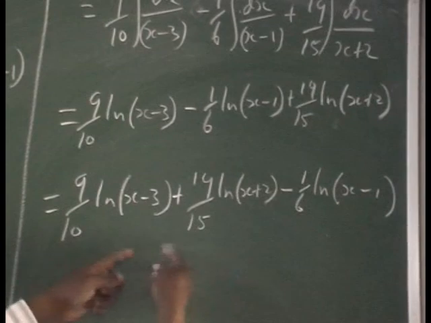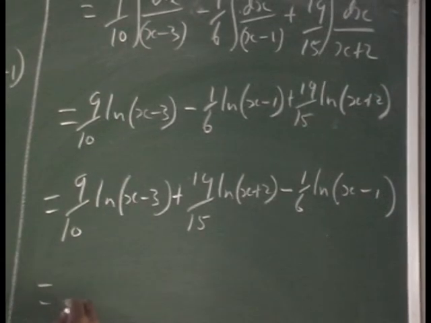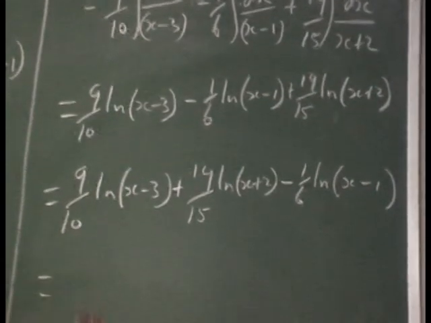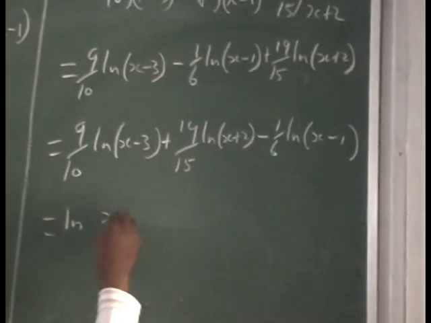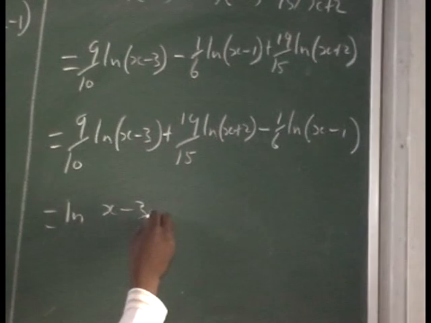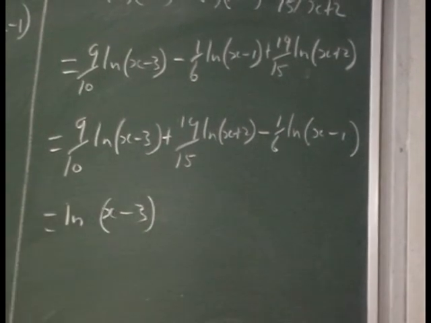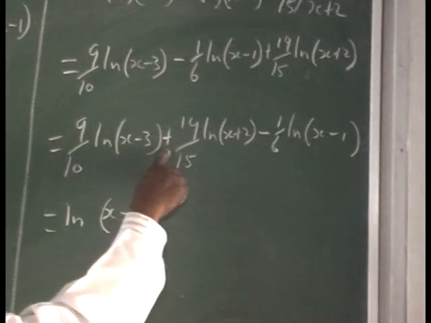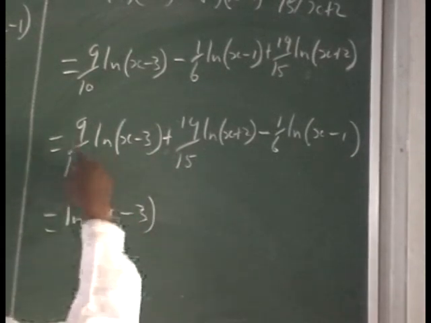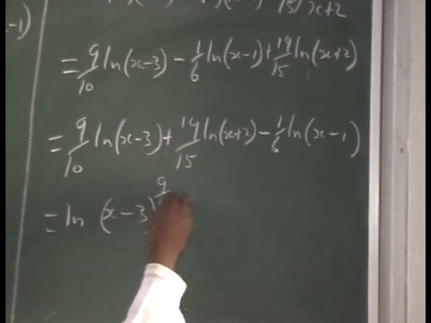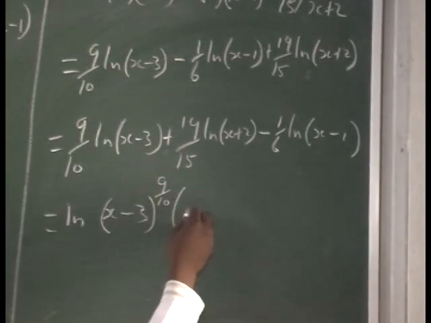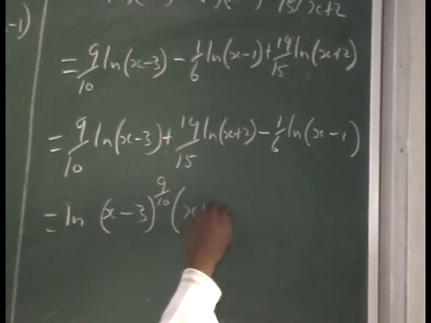Now, since this is plus, we will have ln, we have x minus 3. In plus we multiply. When it is plus in logarithm we times. So I will now take this one up, which is 9 all over 10 times x plus 2.